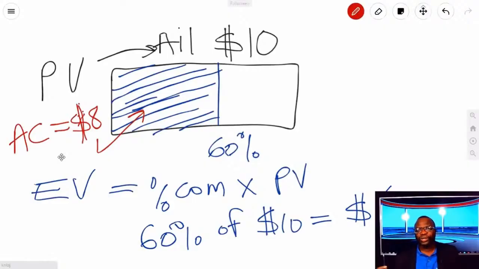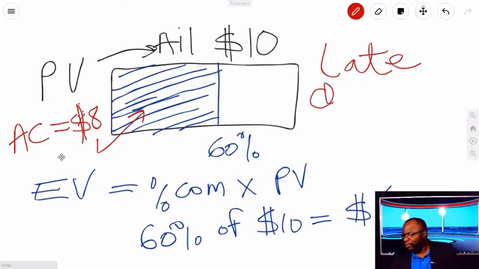You plan to use only 5 hours of a resource's time, you end up using 10. Or you planned to spend a particular amount to rent some equipment, and you go to rent it and the prices have gone up, maybe bad planning or just circumstances. But the bottom line is you ended up spending more than you anticipated for the work. So two things: you are late because you only got 60% of the work done, and you are over budget.